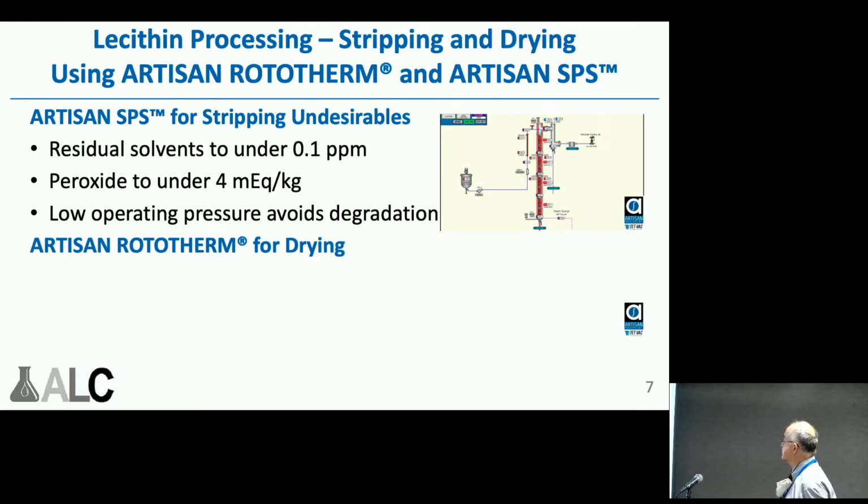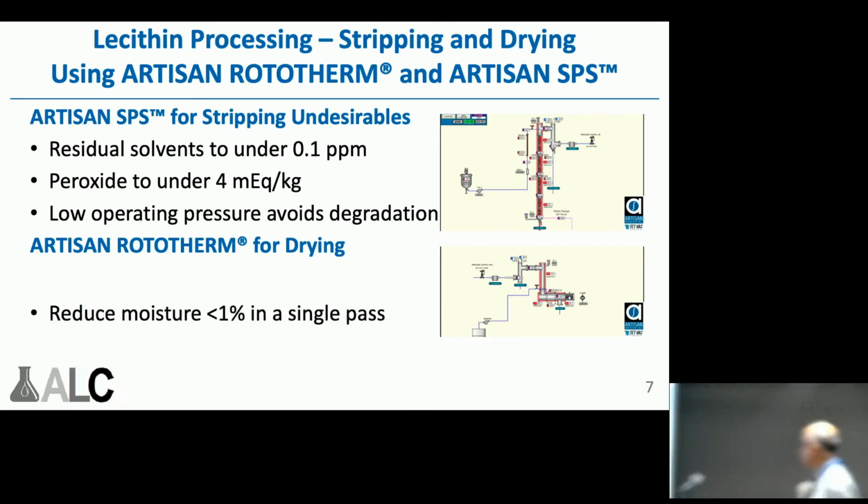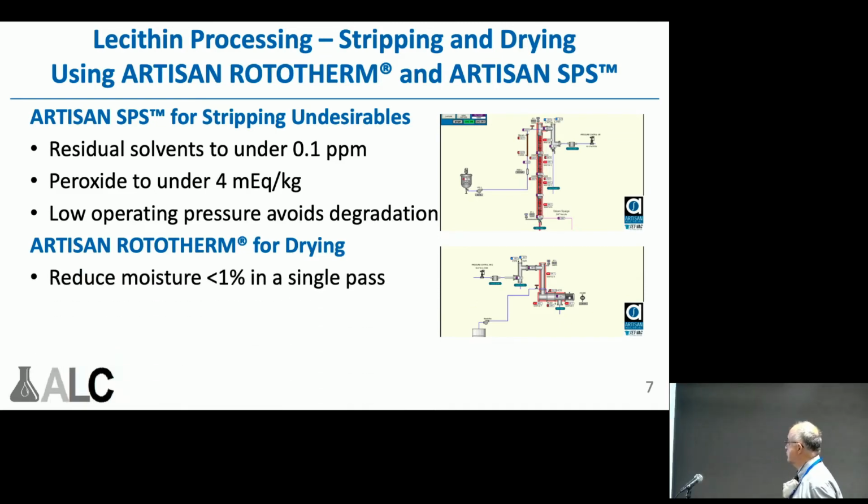We also have the system we call the ROTOTHERM. This is an actual scrape surface evaporator. There are paddles that spread a film on the heated surface and produce this very efficient mass transfer. It also does a very efficient job of drying lecithin in a single pass.